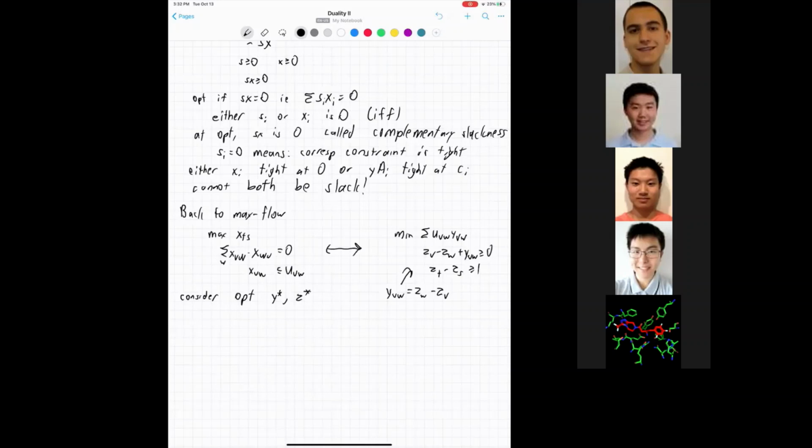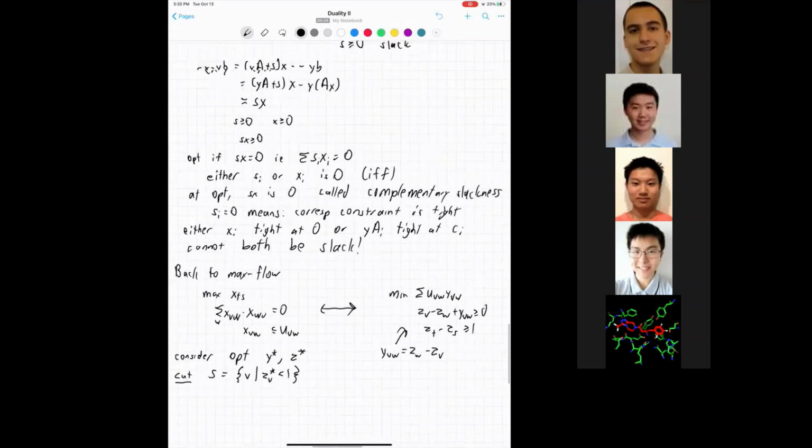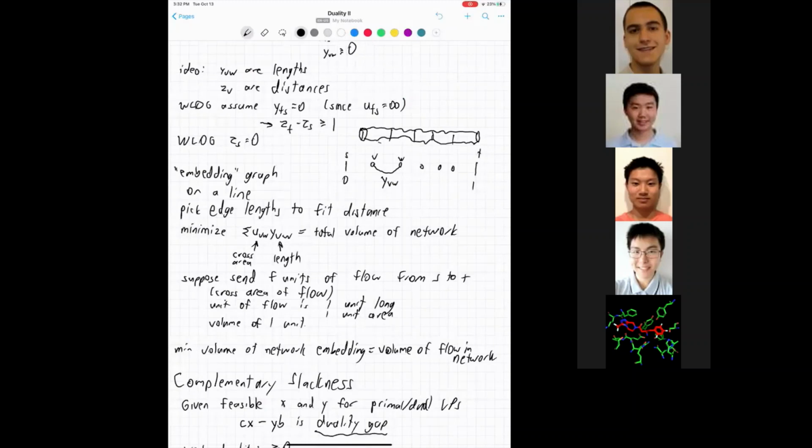So here's what I'm going to do. I'm going to take my optimum Y star and Z star, and I'm going to define a cut S consisting of the vertices V such that Z_V star is less than 1, okay? Remember, we did this embedding, right? We put the vertices in various places.